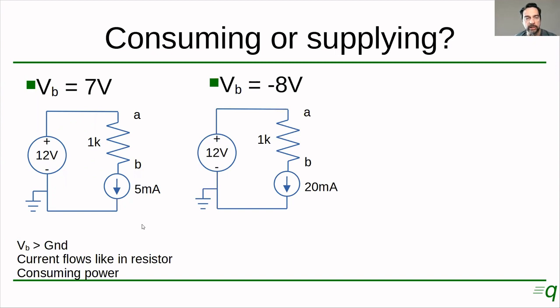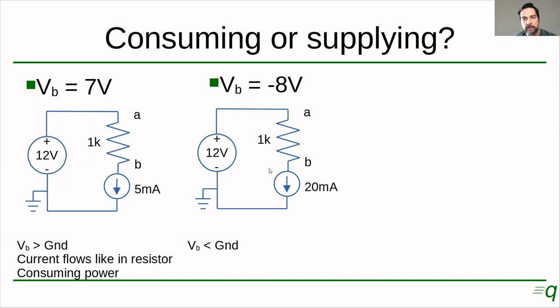This is the second circuit we saw, where the voltage at point B is negative 8 volts, okay? So the voltage at point B is below ground, right? So when you look at it from this current source, this is positive and this is negative.